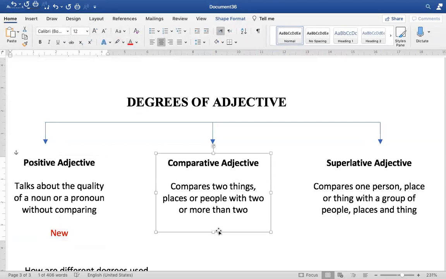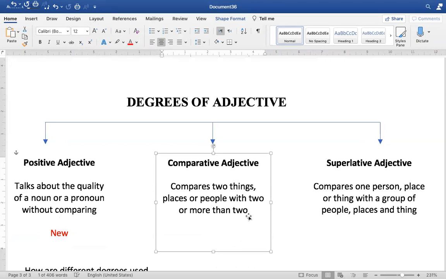But if you have to compare 2 places, 2 people, or 2 things, then you have to say newer. And that is the comparative form, and the comparative form is composed of the adjective in the comparative form plus than. My green marker is newer than my red marker. So there should always be a than in order to compare.